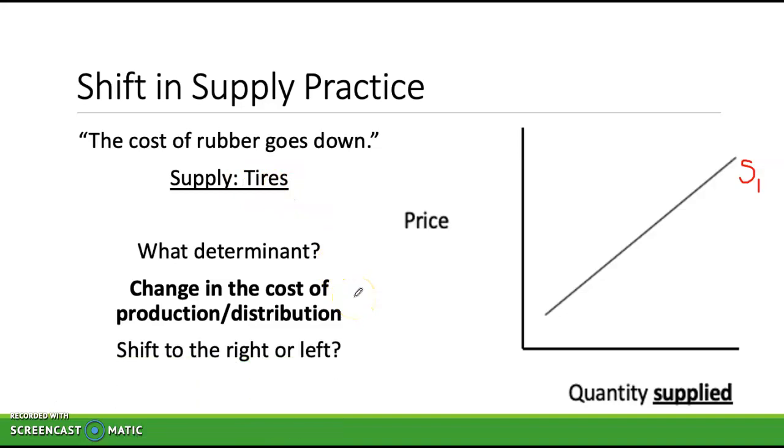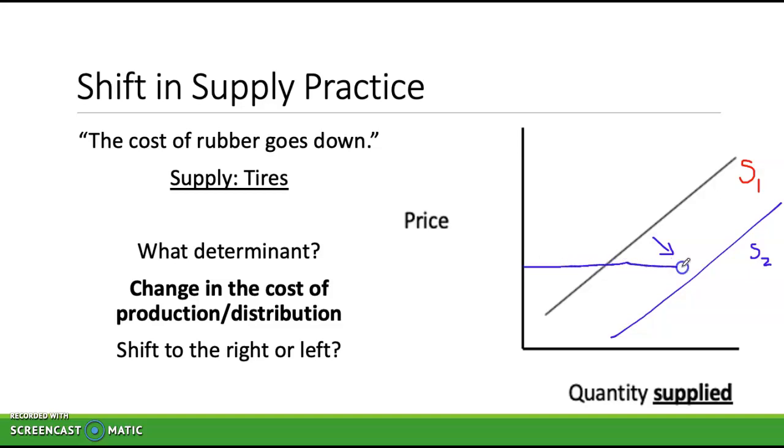So if they're saving the money on that, then we're going to see an increase in supply. So once again, we're going to draw our arrow to the right, draw our new supply curve, and we can label that as S2. So again, even though it looks like it's lower, this is actually showing us a decrease, or excuse me, an increase in supply if we were to compare it at the same price.